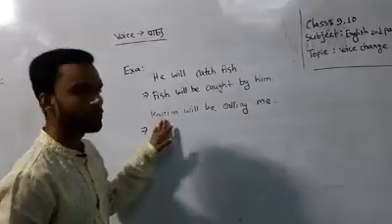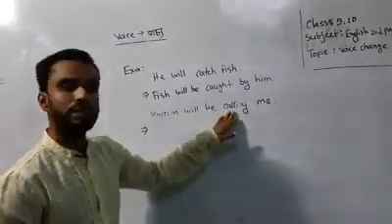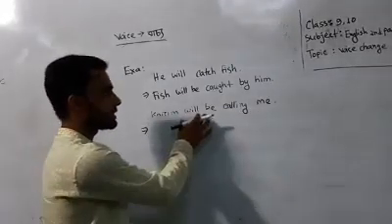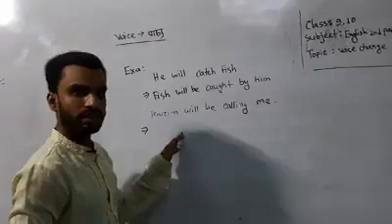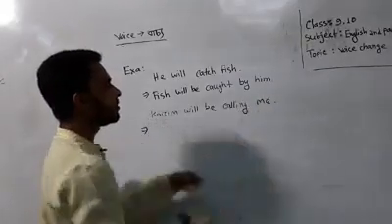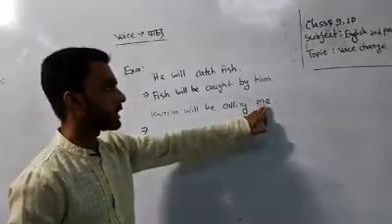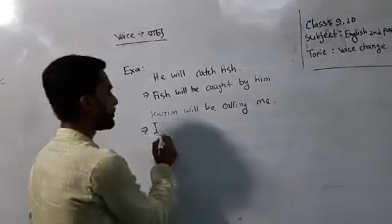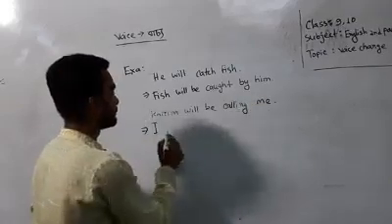Here Karim is the subject, will be is the auxiliary verb, calling is the principal verb, and me is the object. So it is an active voice. I want to change it to passive voice. At first you have to add me. Look here, me is the object, but it will be changed to subject. So at first you have to add I, because I is the subject form of me.